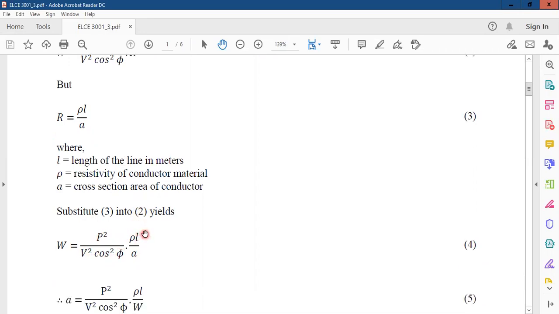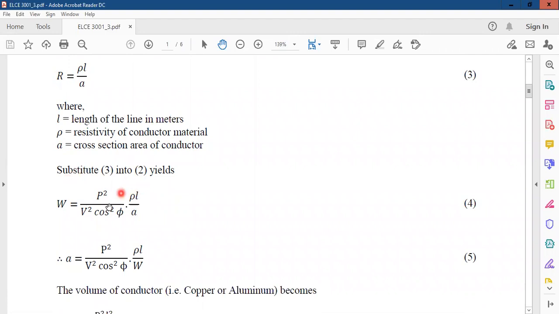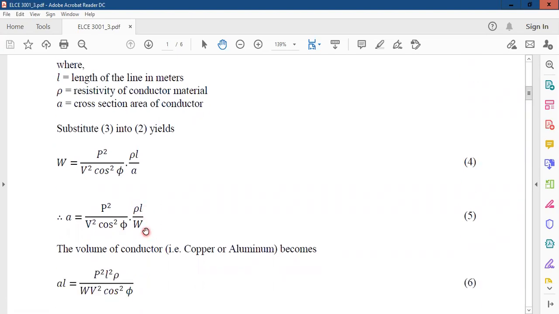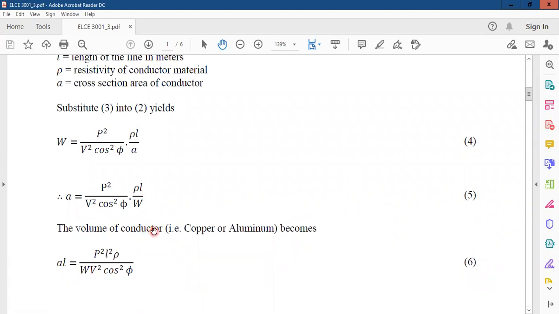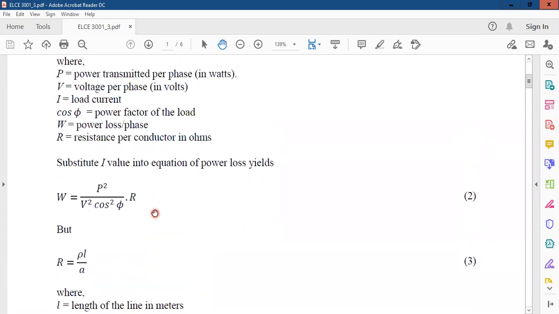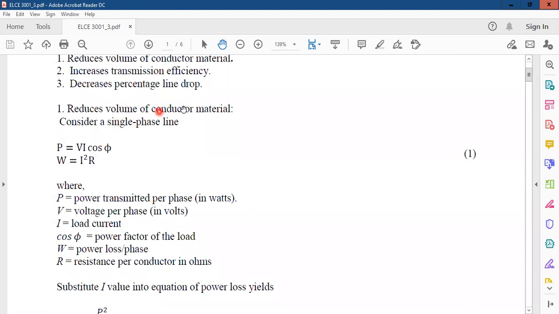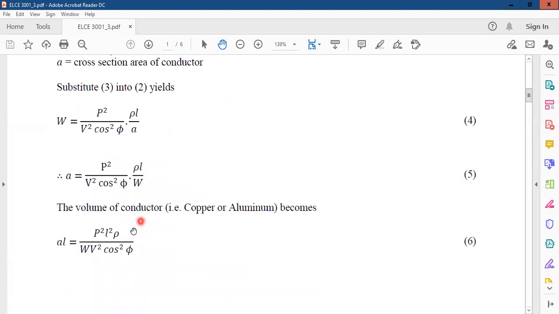Now we are aiming to find an equation for the cross-section area of the conductor, which is A. So from here we get A equals P square over V square cosine phi square, multiplied by rho L over W. Now we need an equation for the volume of the conductor material.